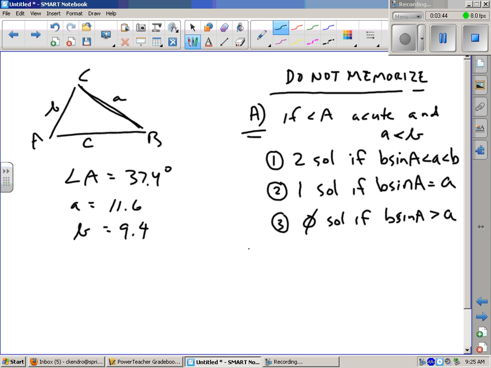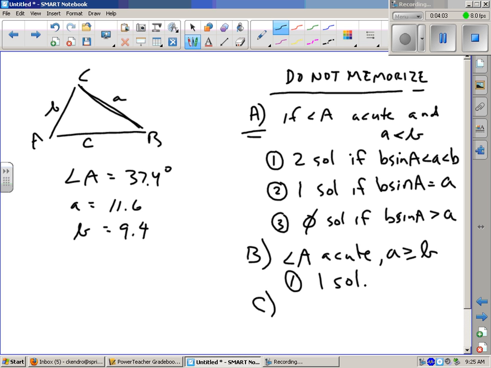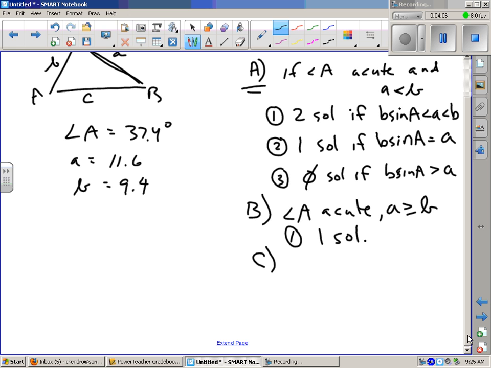Then we have scenario B. If angle A is acute, but a is greater than or equal to b, there's only one scenario under that, and you will have one solution. Okay, C, if angle A is obtuse or right, then you'll have two scenarios.